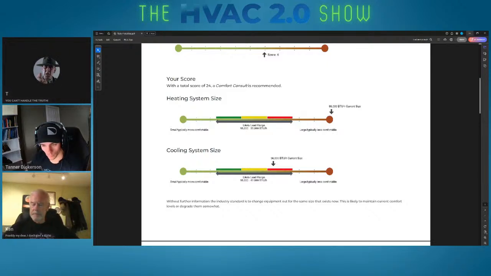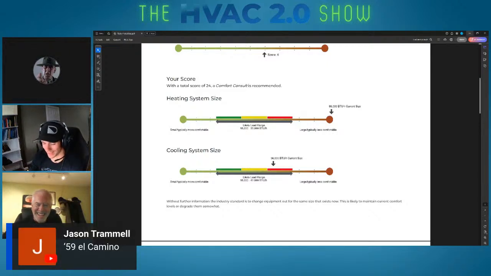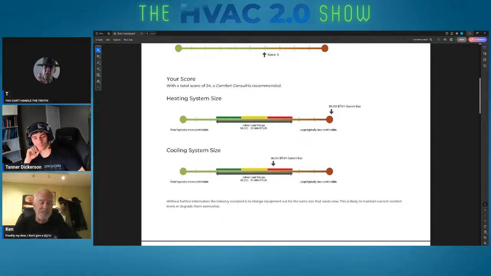Jason says 59 El Camino. I guess I understand what kind of cars he likes. Is there really a 59 El Camino? I thought that was a 60s car. I don't know. Jason doesn't strike me as being old enough to know about a 59 El Camino. Unless that was his babe magnet. I think he's a couple years younger than me. I didn't even know about 59 El Caminos.